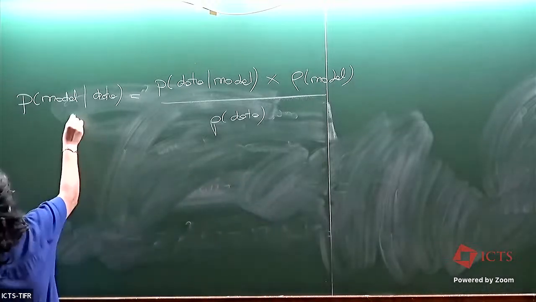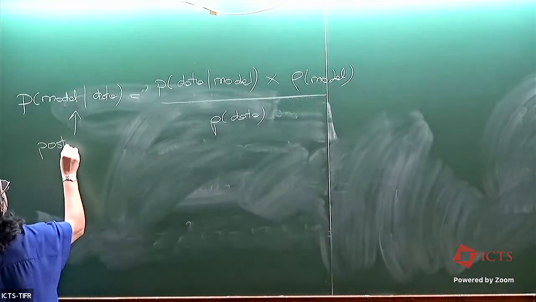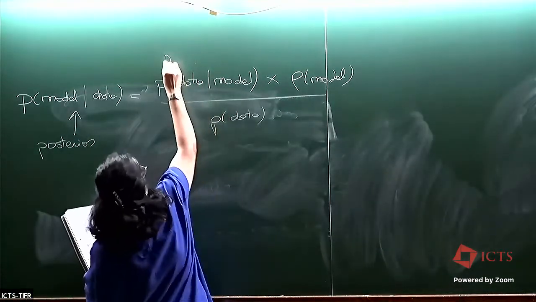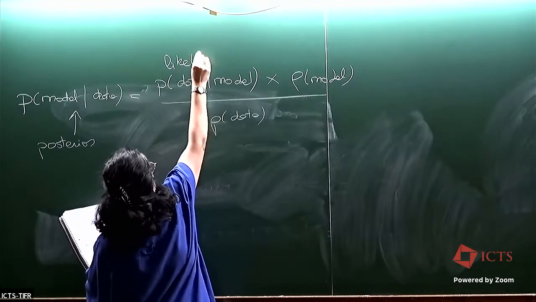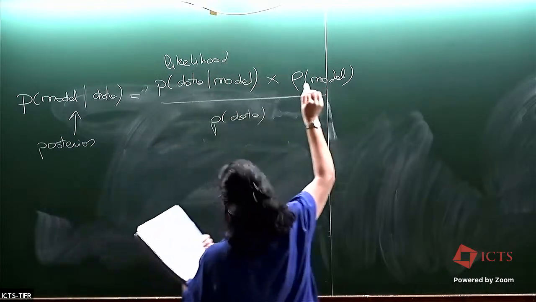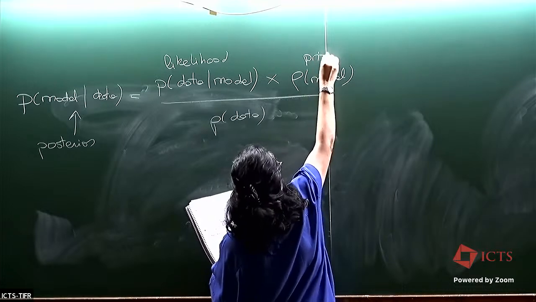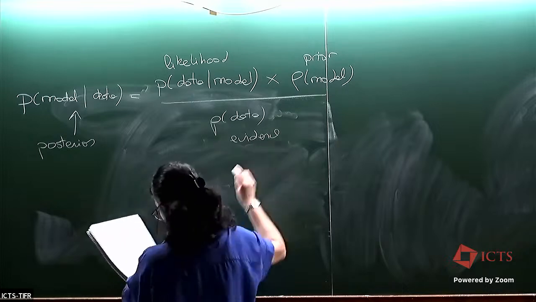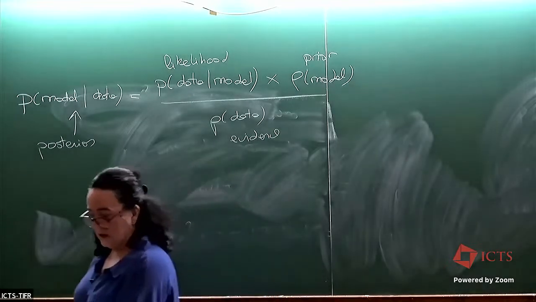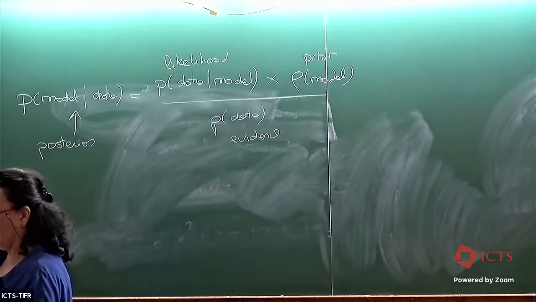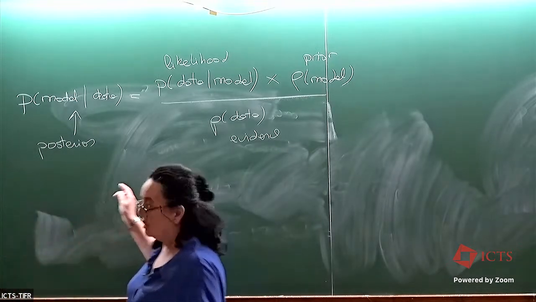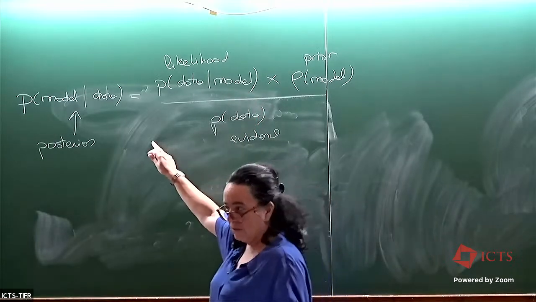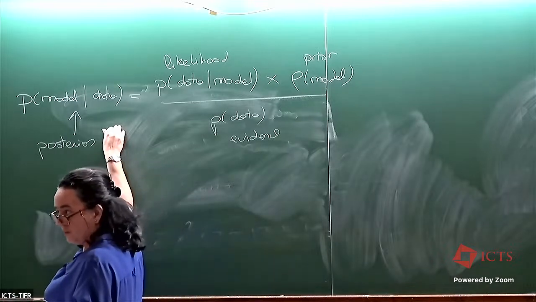This is known as the posterior distribution. This is the likelihood. This is the prior. And this is the evidence. These are things that we can compute from the data itself, and this is what we would like to compute.